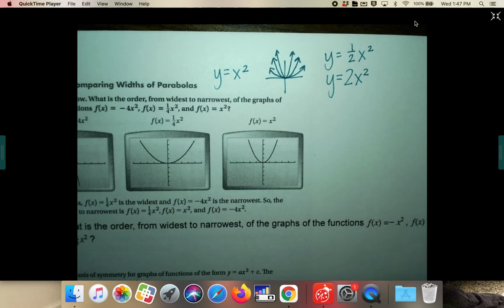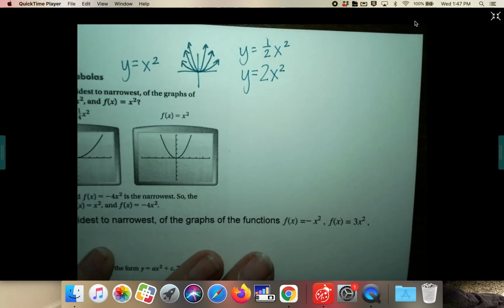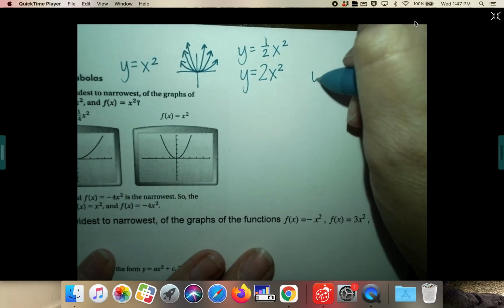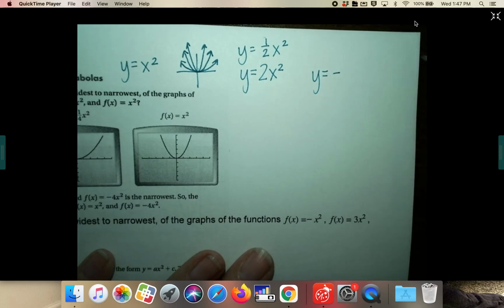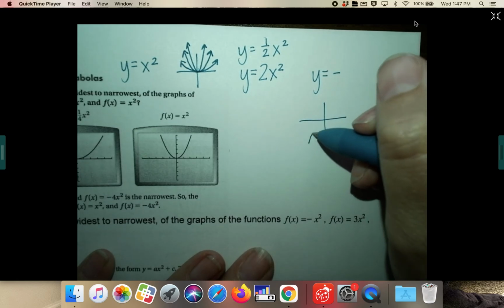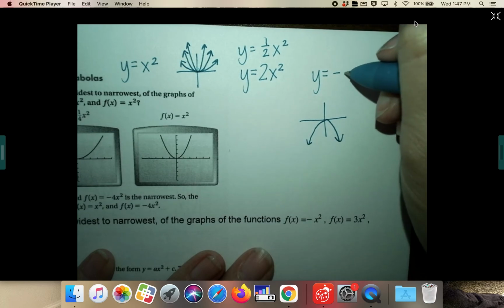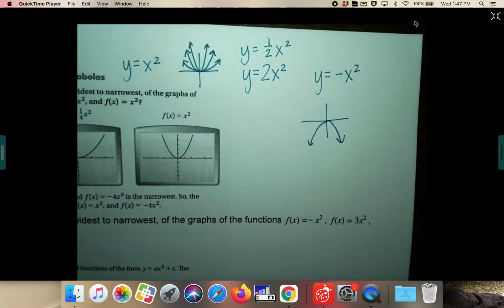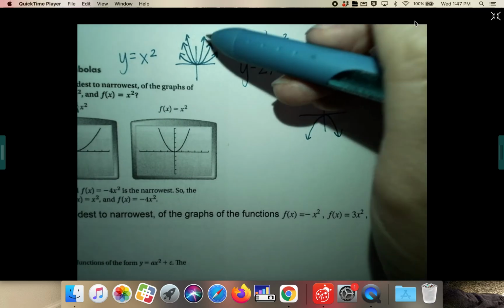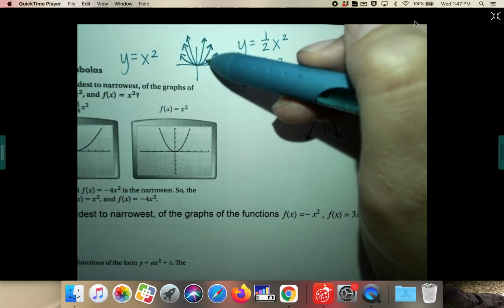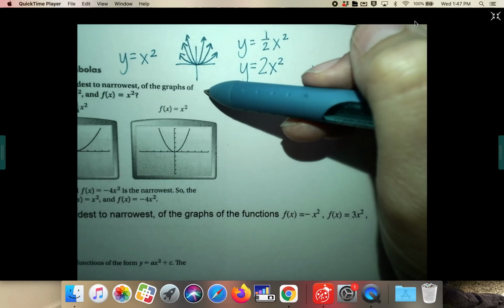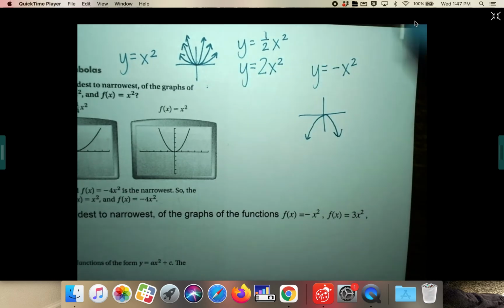Okay, the other thing I want you to know, which we haven't talked much about, is negatives. If I had a negative, it is going to open down. So let's say it's negative parent function, negative x squared. That's going to be pretty much the perfect parabola, except it's going to be reflected over and opening down.